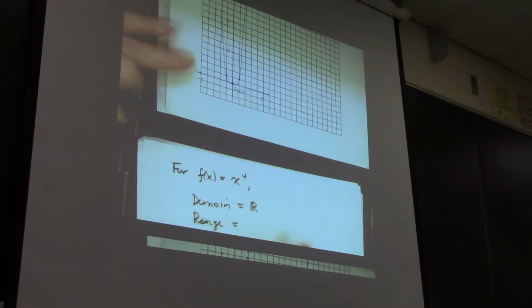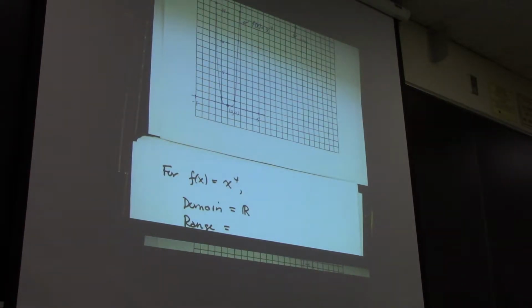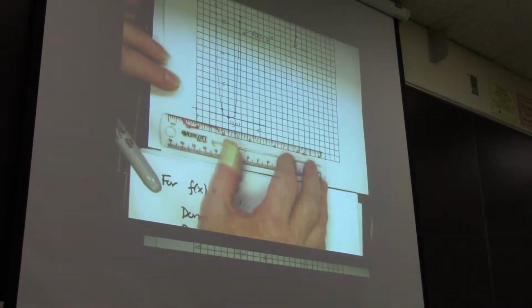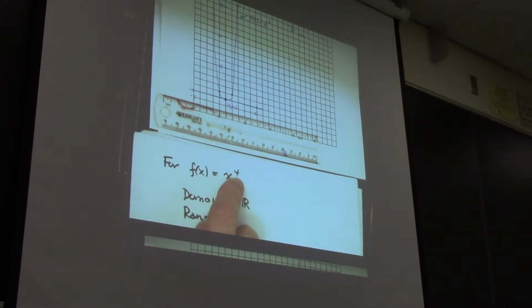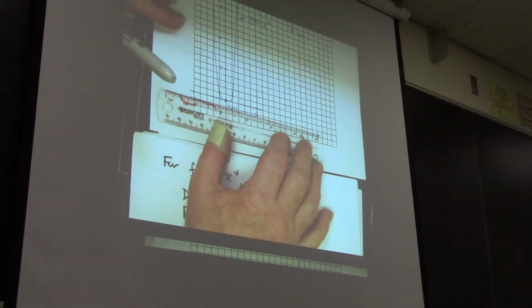Now, what about the range of the function from the graph? Is the range all real numbers? No. What's the range? Just positive y values. When you take a number and raise it to the 4th power, the smallest number you're going to get is 0. You're not going to get any negative numbers.